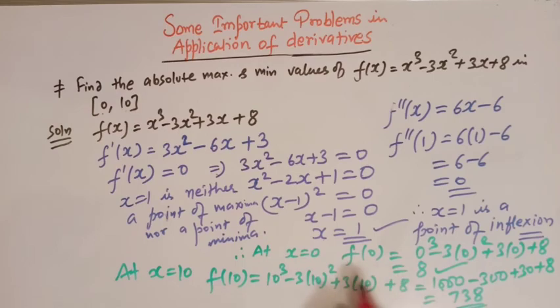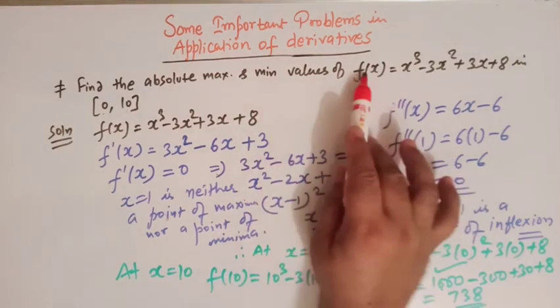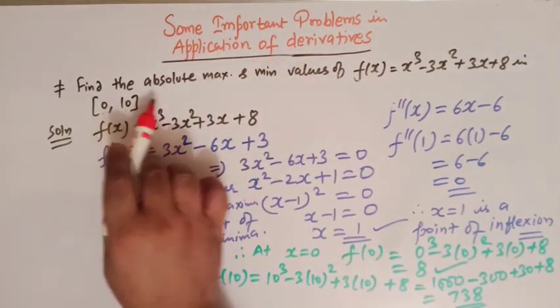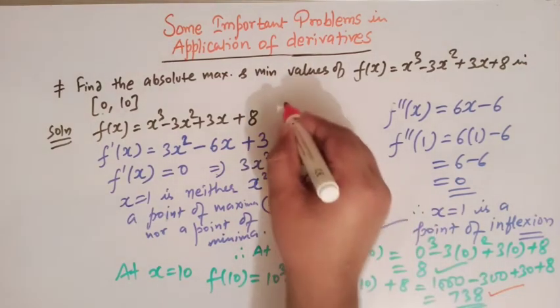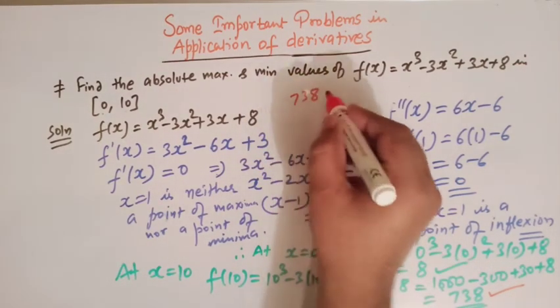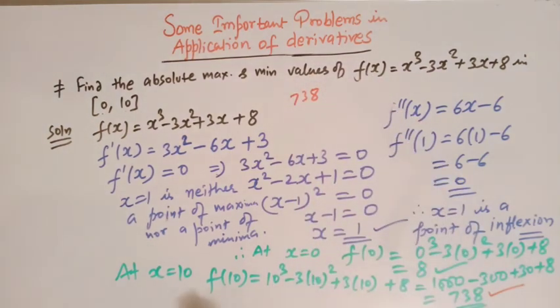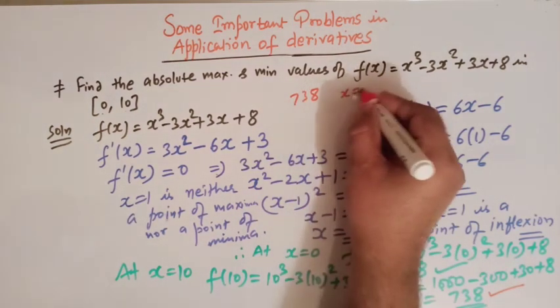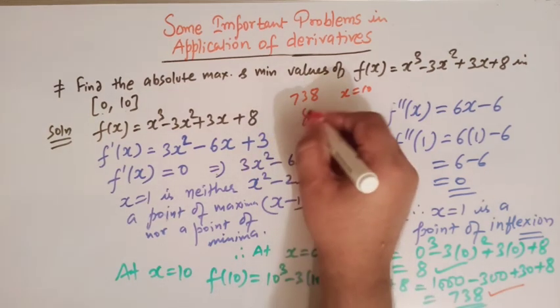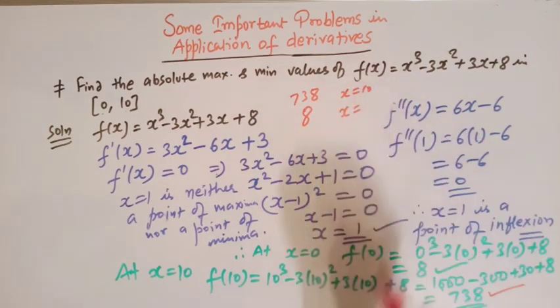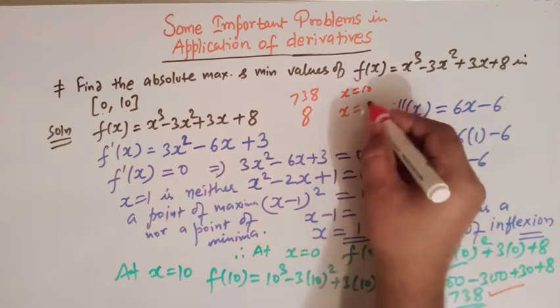Now viewers, the maximum value of this function or the absolute maximum is 738. This is the maximum value which occurs at x equal to 10, and the minimum value is 8, which occurs at x equal to 0, right?